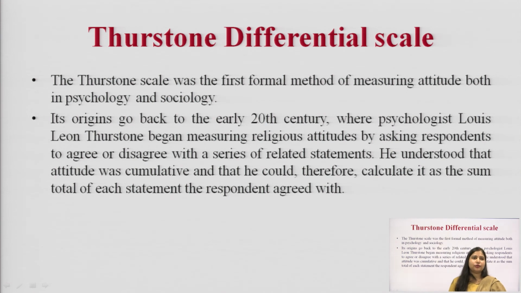And lastly, there is one more scale which we have to discuss, which is the Thurstone differential scale. This is one of the most formal and very old scales. This scale is the first formal method of measuring attitude.